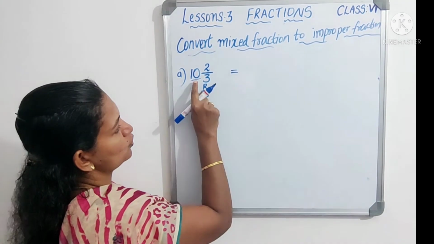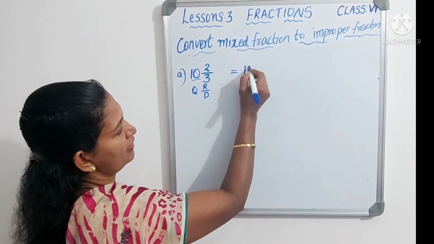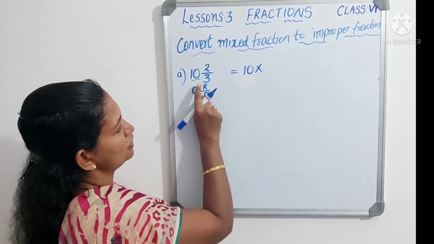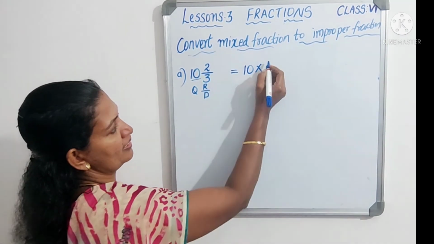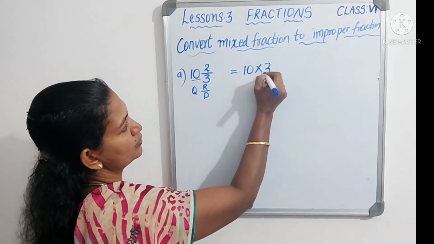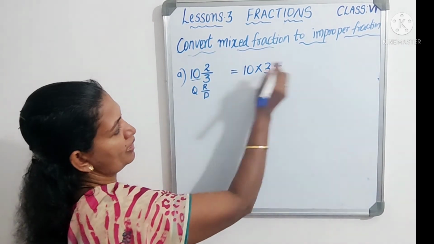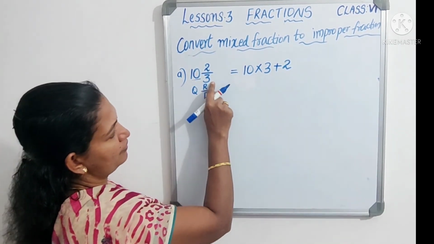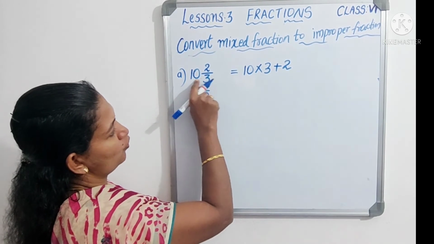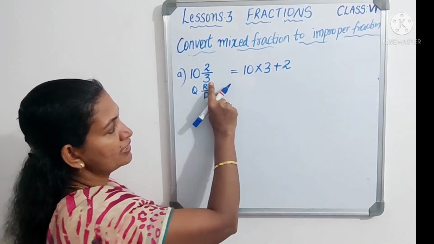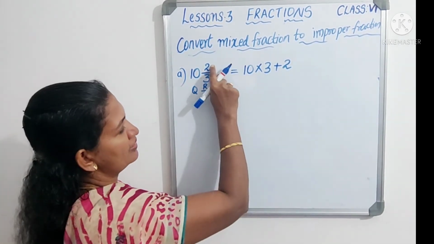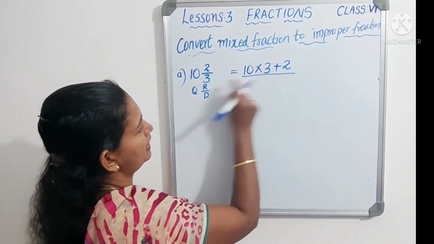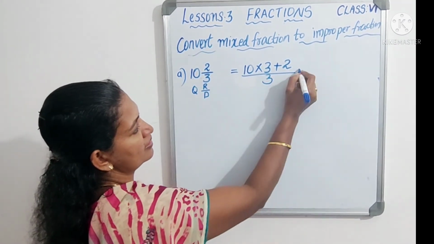Next, you have to multiply the quotient with the divisor. This quotient multiplied with this denominator, that is 10 into 3. Then add the numerator. This whole part multiplied with the denominator, then add the numerator, all divided by the same denominator.